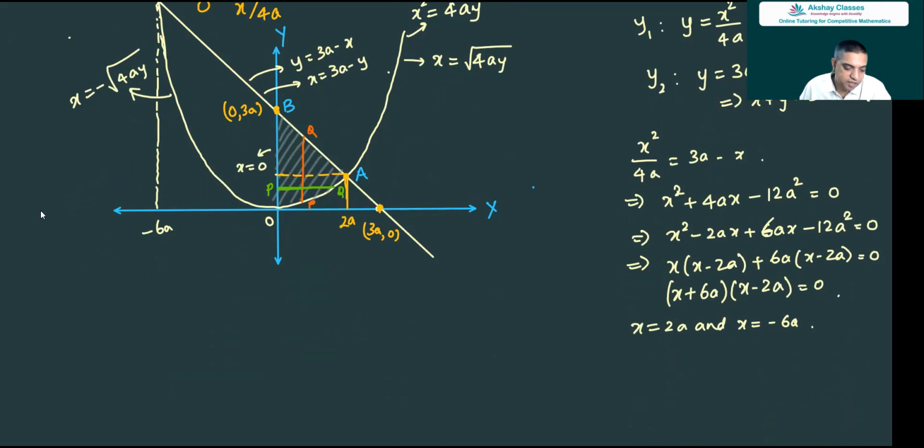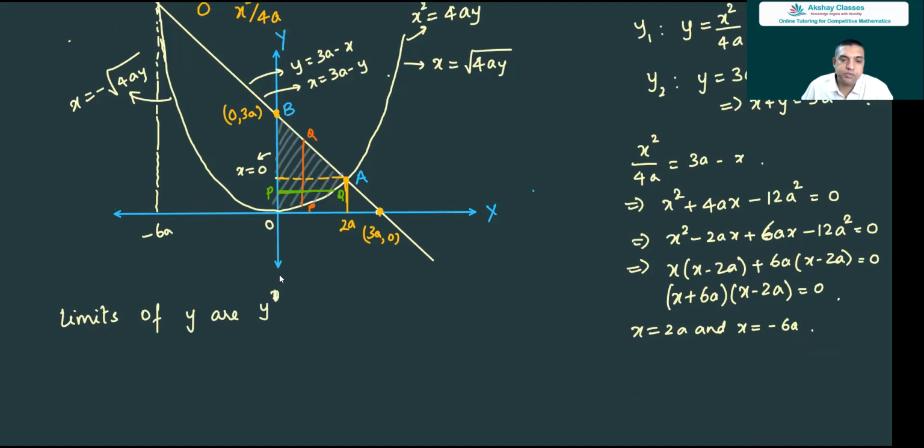So upon change of integral, okay, I'll write this statement so that it is understandable to you. I'll be sharing this. So limits of y are y is equal to x square by 4a to y is equal to 3a minus x.